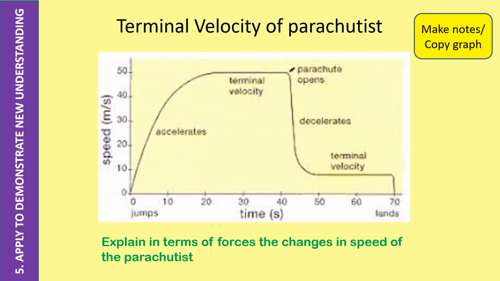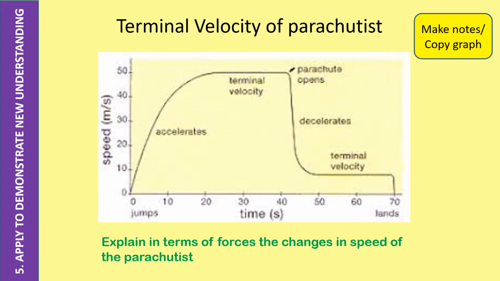If we take the motion of our skydiver from the previous slide and try and draw a velocity time graph for him, this is what it looks like. Here is when he jumps out of the plane, and all along here he's accelerating. So the rate at which he is falling is increasing.